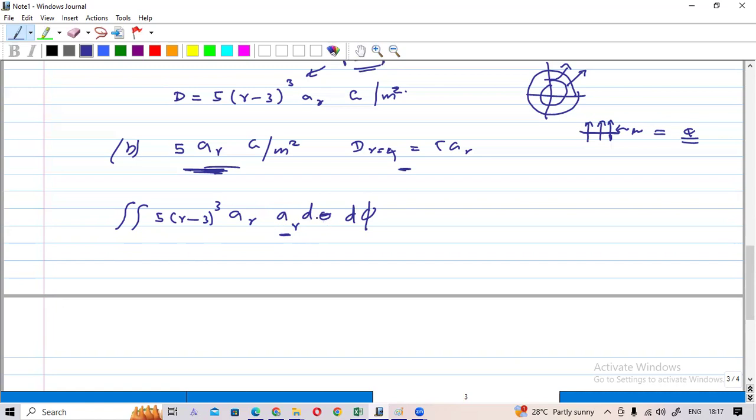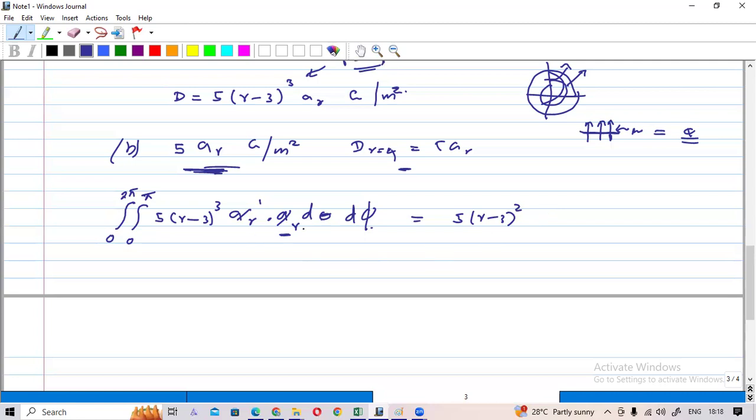The phi is from 0 to 2 pi, and theta is from 0 to pi. These are the limits for d theta and d phi for a total sphere. The aR dot product gives 1. So you will do this integration, and 5(r minus 3) squared is a constant.